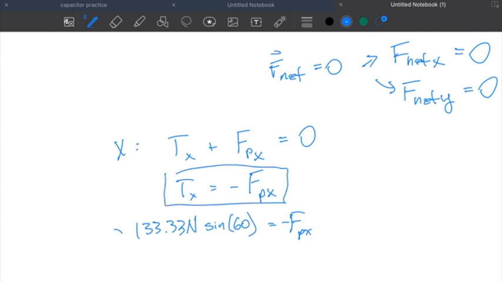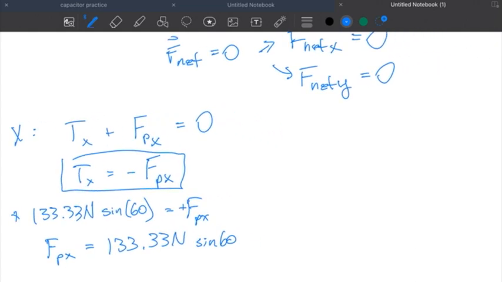The tension force is negative, which is why I have this negative sign there. And so we get a negative on both sides, and both of them are positive. Perfect. So we end up with a positive x component of the pivot force, which is what we wanted, which is 133.33 times sine 60, which I don't know off the top of my head, but we're not even asked for it, so I'll just leave it like that.